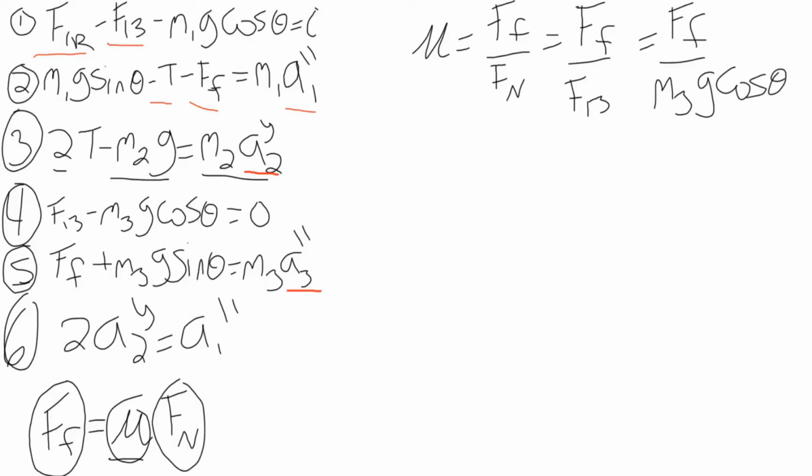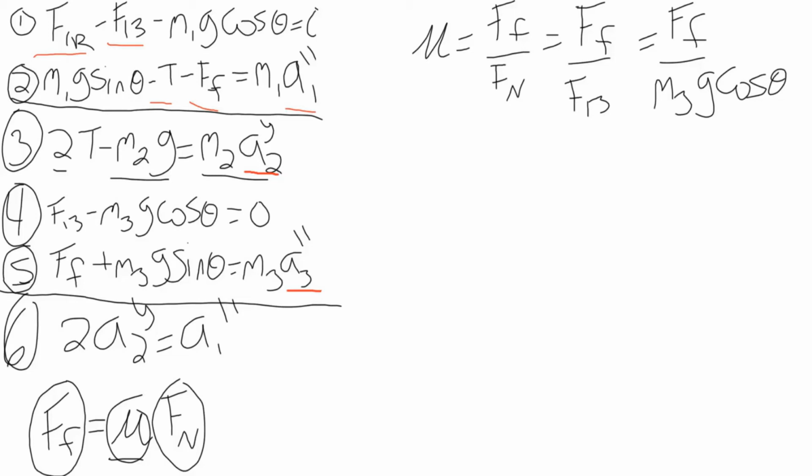Great. Now we need to solve what the force of friction is. The force of friction shows up in a couple different equations. I'm going to try looking at the force of friction by looking at the equation of motion for mass 1, instead of the one with mass 3, because I want to take the information about mass 2 connected to mass 1 and use that to obtain information first.